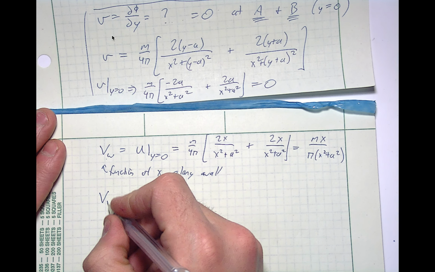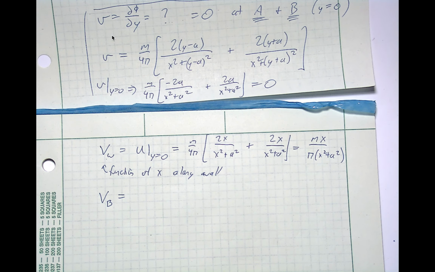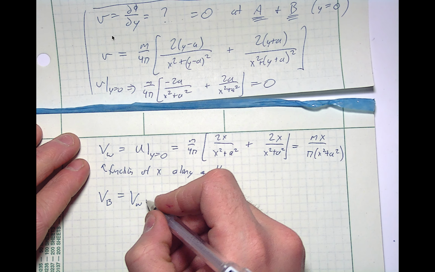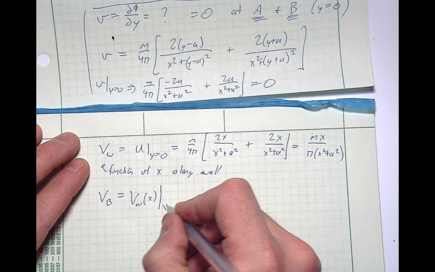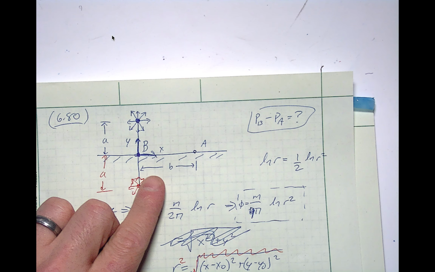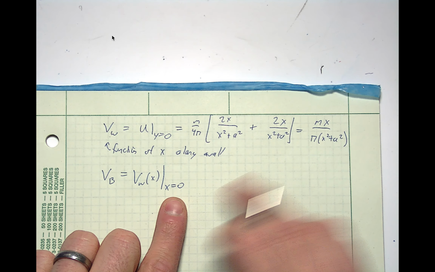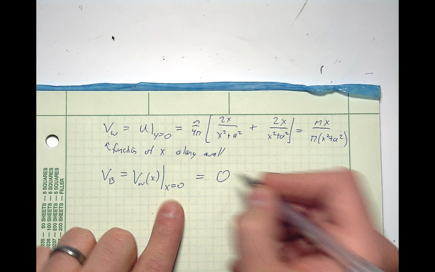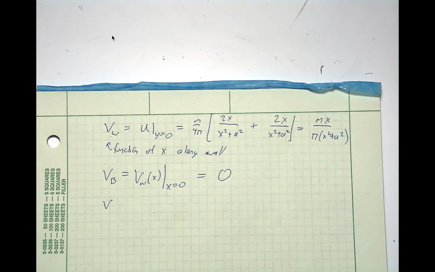So what is our velocity at B? Our total speed, I should say. That's just the velocity at the wall as a function of x evaluated at x equals 0. If we just go back, we can see that when we plug in x equals 0, we just get 0. So that's a stagnation point.